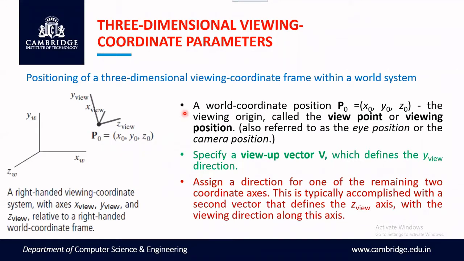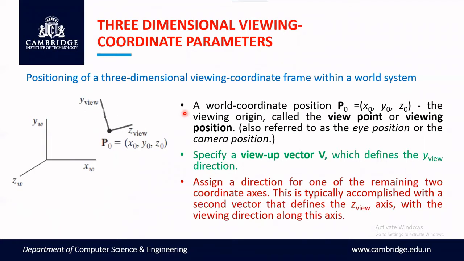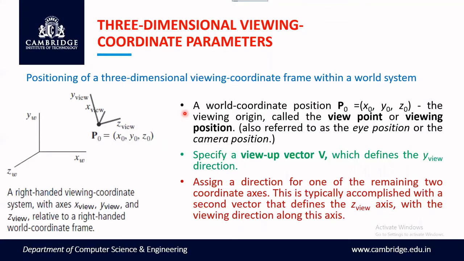Now, once we have defined Y view and Z view, we have to define X view, the third axis. Normally we know that X, Y, and Z are mutually perpendicular to each other. So you define your X view such that it is perpendicular to your YZ plane. That gives you your X view. So what have we done to get the viewing coordinate frame?